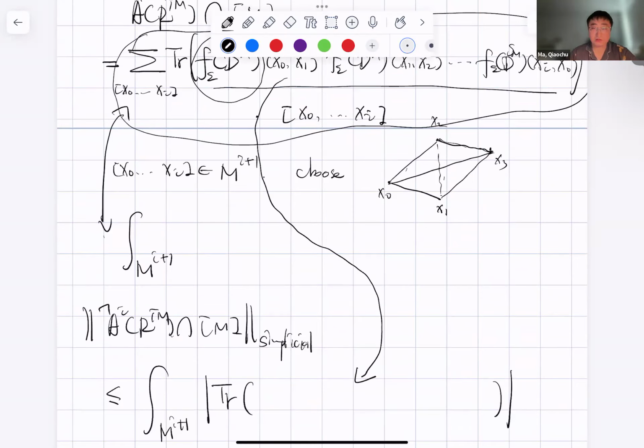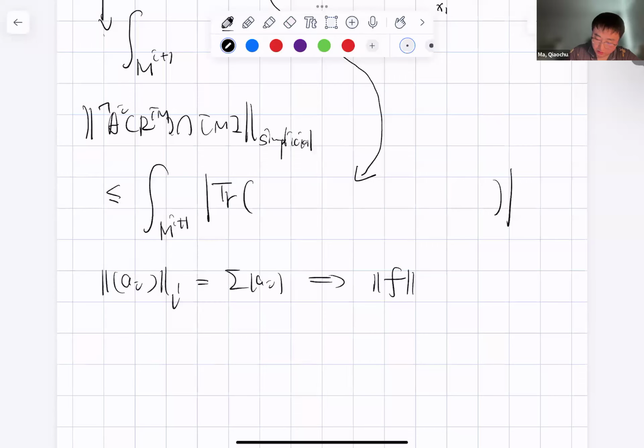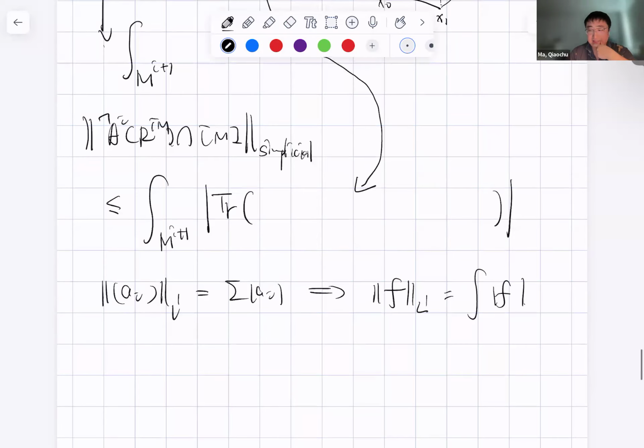In other words, here we translate the L1 norm of a series to the L1 norm of a function, from discrete to continuous.